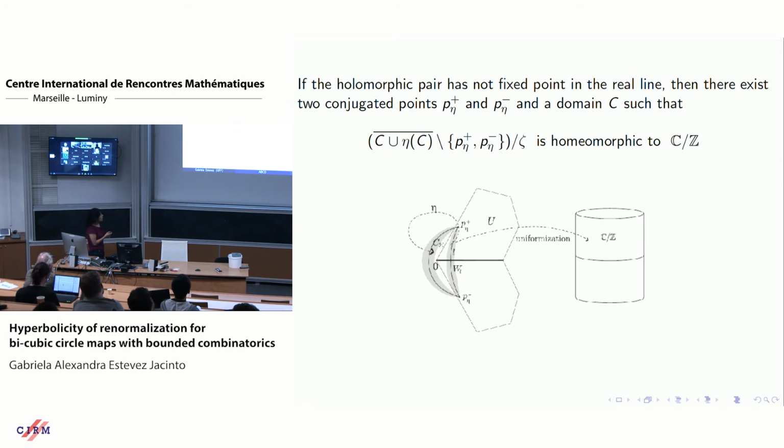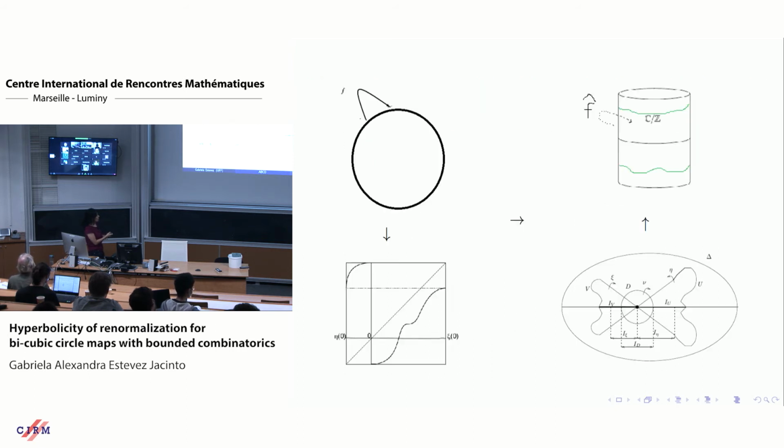So you can define renormalization from the space of bicubic circle maps to the space of bicubic circle maps, and it's called cylinder renormalization because you come back to a cylinder, but restricted to the circle, it is just a circle.